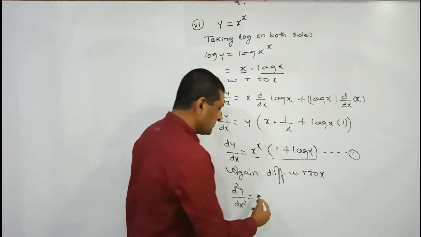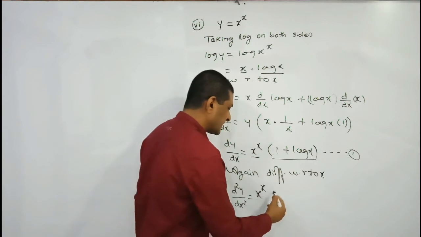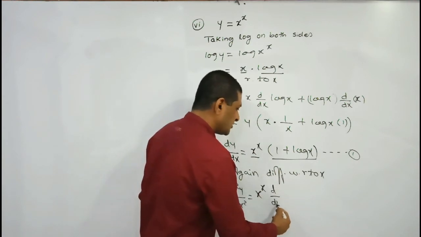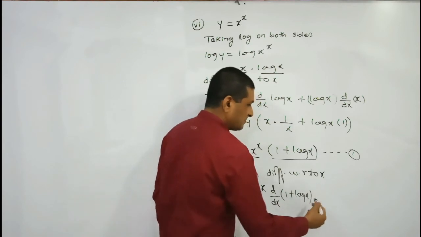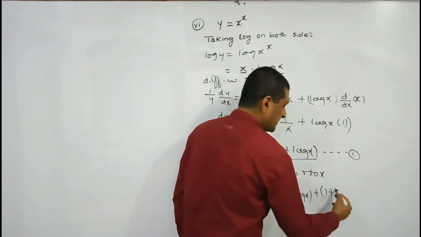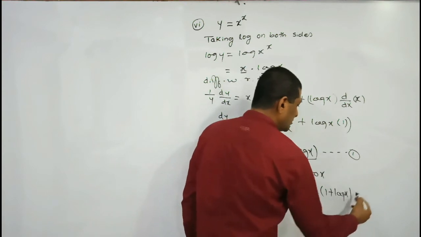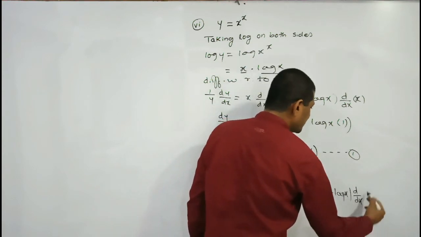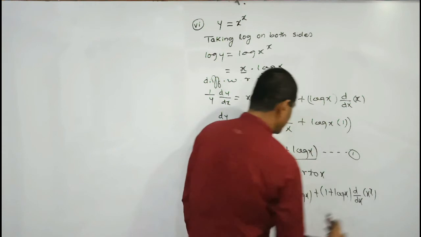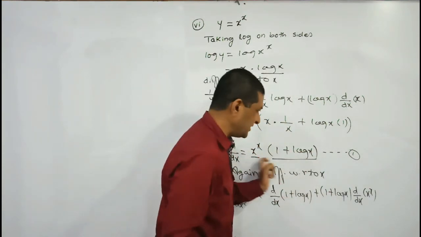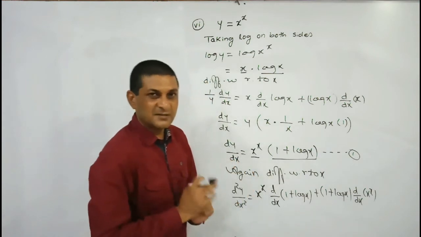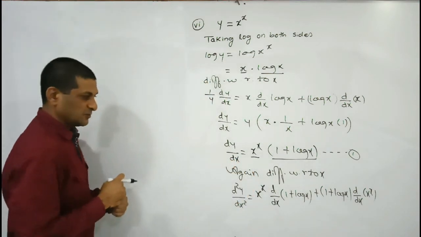According to the product rule, keep the first term as it is, x raised to power x, into the derivative of the second term. What is the second term? 1 plus log x. Plus the second term as it is, 1 plus log x, into the derivative of the first term. What is the first term here? x raised to power x. Just simply substitute the values in the product rule.